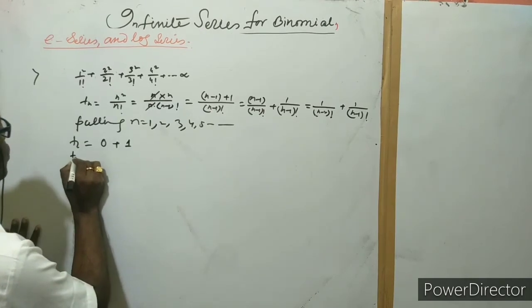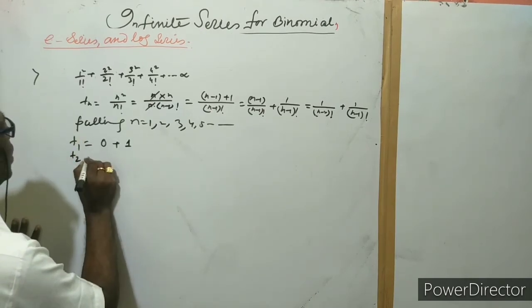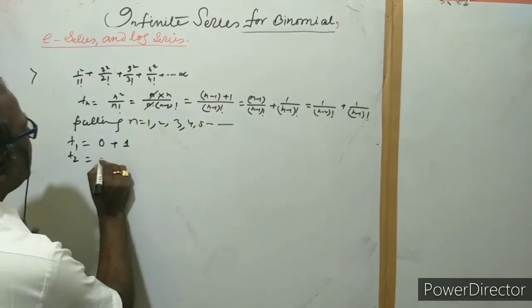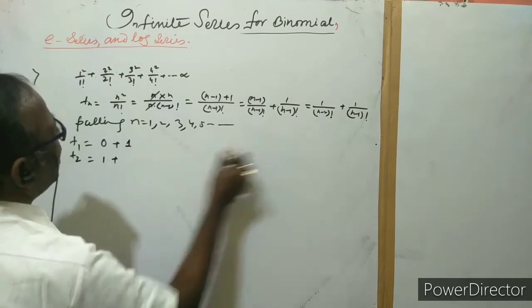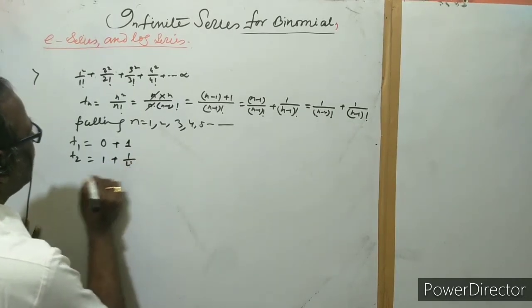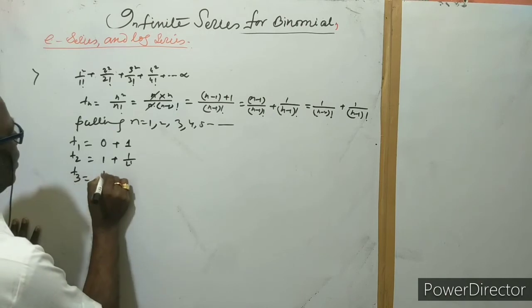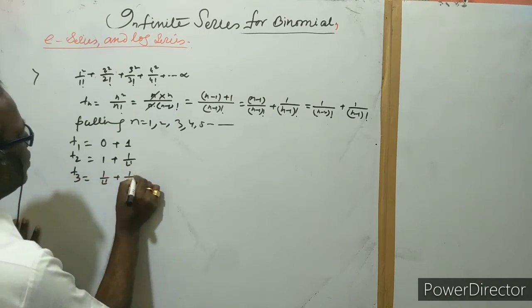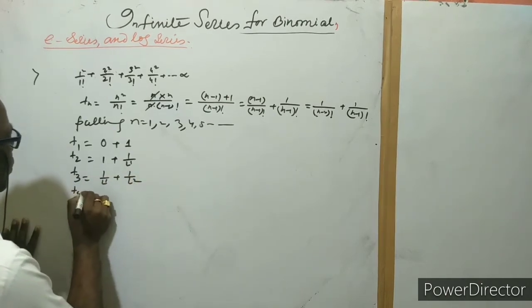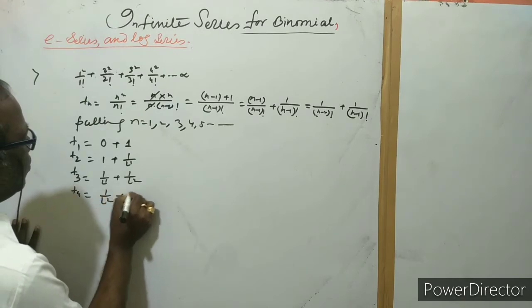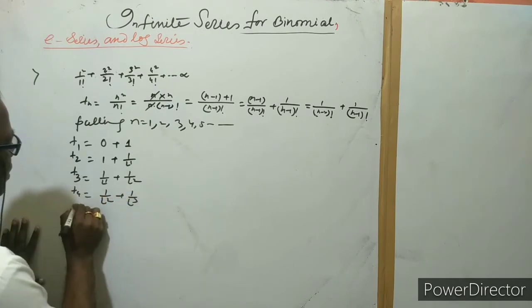If we put 2, then we get factorial 0 means 1, and this is 1 by factorial 1. If we put 3, 1 by factorial 1, and this is 1 by factorial 2. If we put 4, 1 by factorial 2, then 1 by factorial 3. Okay?